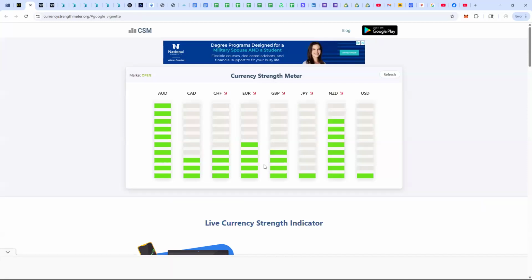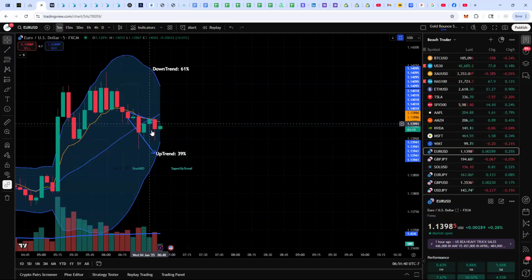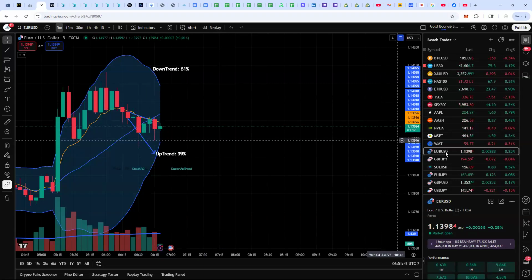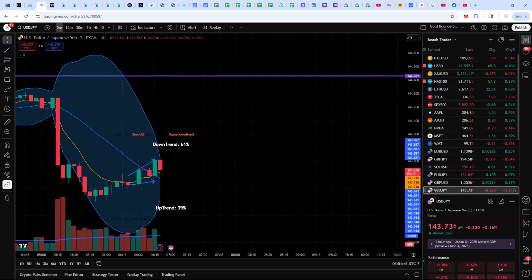But the other ones aren't that strong either, though. That's what's going on here. But as you see, it's consolidated right here. That's Euro USD. USD JPY doesn't know what it wants to do.